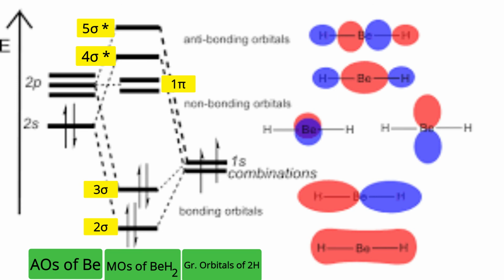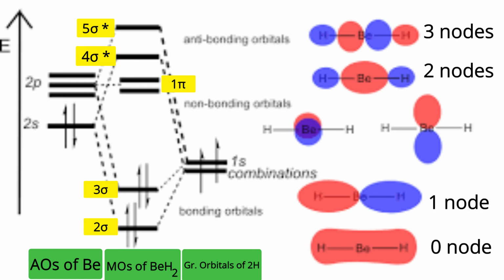And on the right side, a pictorial presentation of all molecular orbitals is shown. Observe it neatly. At the bottom, the 2 sigma orbital is represented. Throughout that red region, the positive phase is there. How many nodes are there? Zero. Now see the 3 sigma orbital.